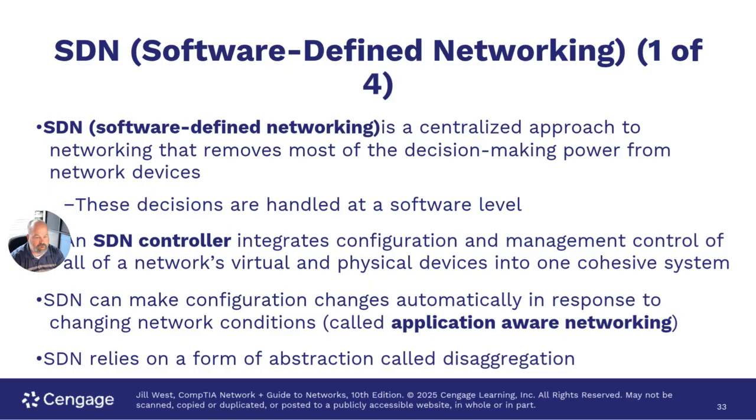An SDN controller becomes the puppet master, integrating control of all virtual and physical devices into one system. It can make automatic configuration changes based on network conditions. This is called application-aware networking. And it's like having a really smart traffic control system that adjusts lights based on real-time traffic.